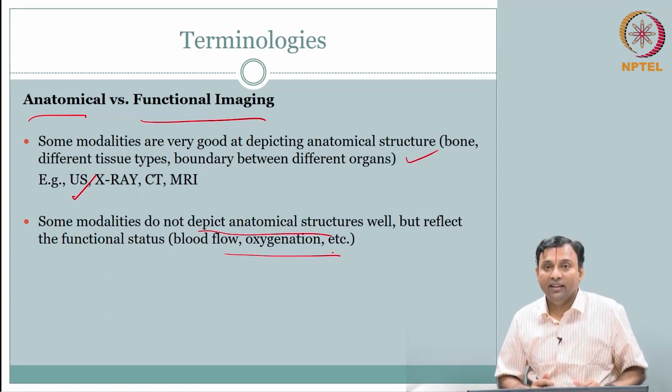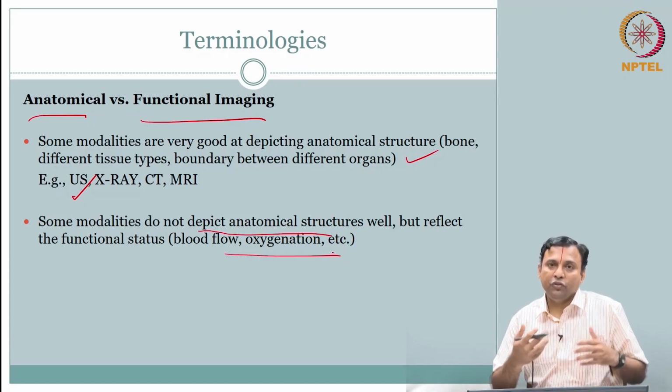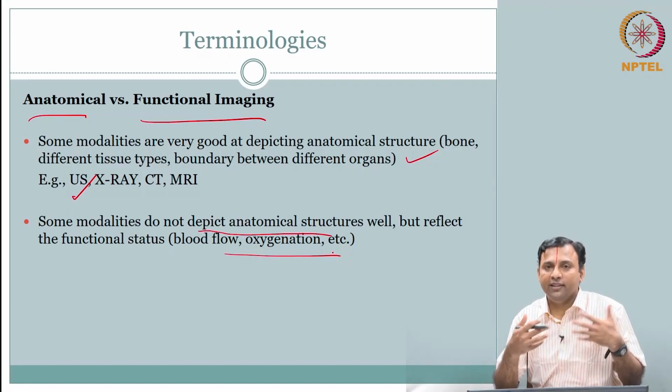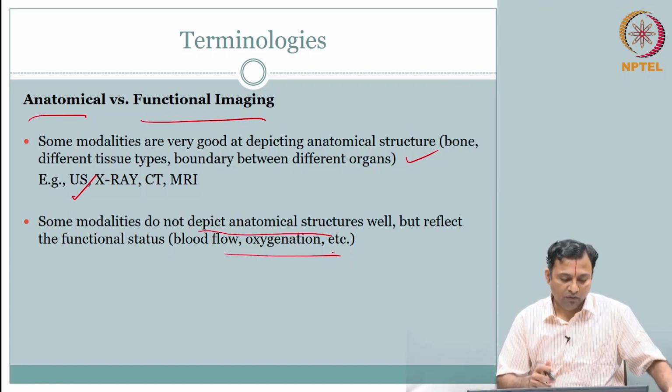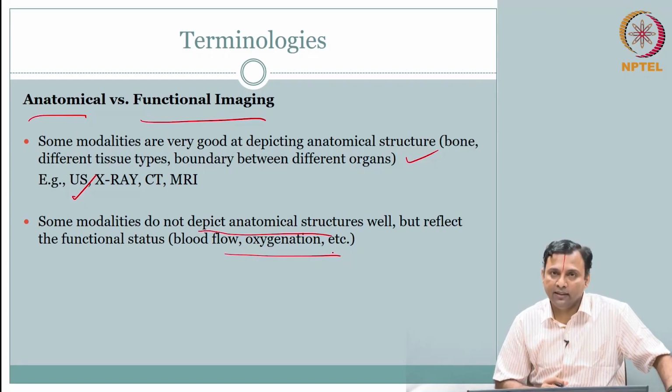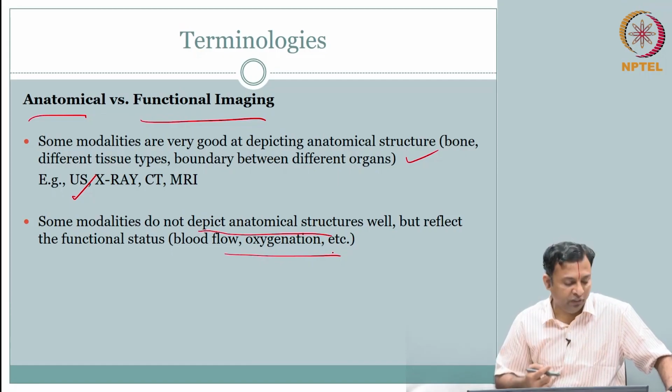If I can see that, then that is functional, right? Of course, if you couple two or three different modalities, then you see the structure and function. So functional imaging has its own advantage. Not one modality can do everything.